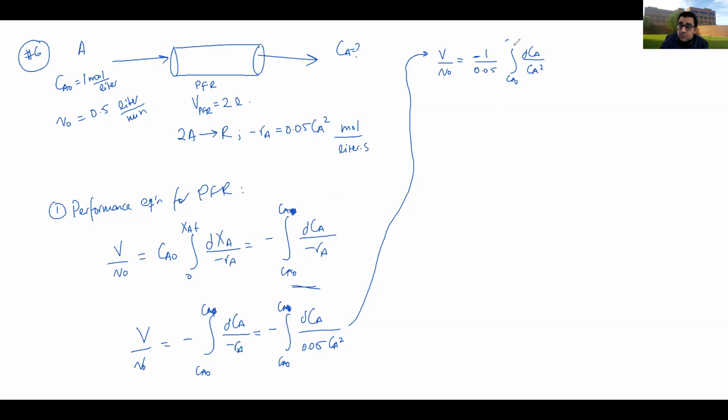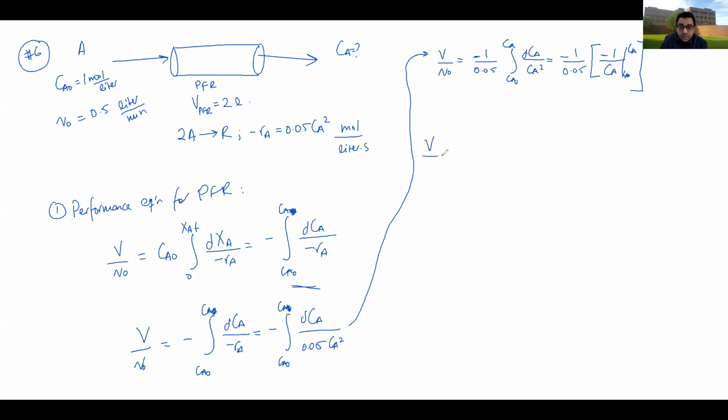CA naught to CA, and this expression is equal to minus 1 over 0.05, and the integral of 1 over x squared is minus 1 over CA, from CA naught to CA. Okay, so this is the expression. Now let's plug in numbers.